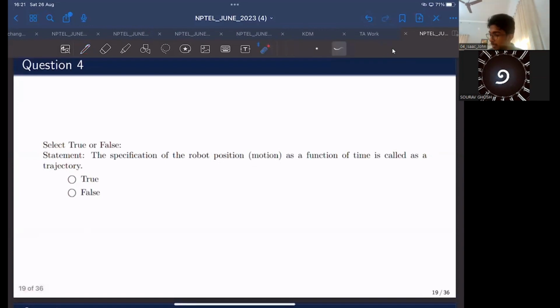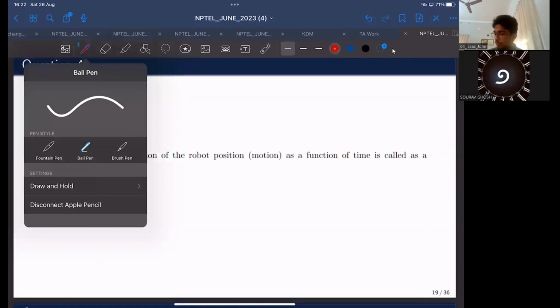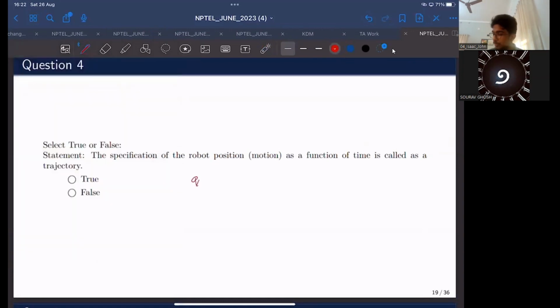It says the specification of the robot position as a function of time is called trajectory. Is it true or false? If you know the position alone, without considering the time, you can basically arrive at each of these points at any time you want.